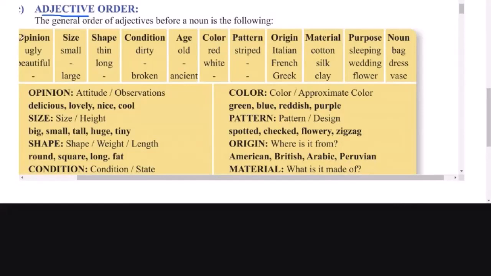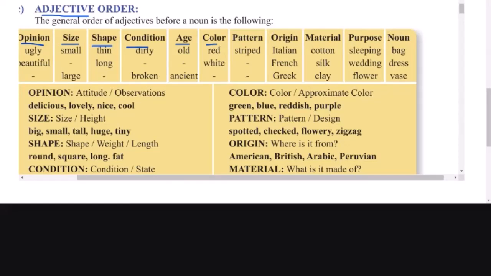We have opinion adjectives, size, right? Shape, condition, age, right? Color, this order: age first, then color, then pattern, then origin, then material, then purpose, and finally what they're describing, the noun. Normally, we don't put all the adjectives in one sentence.